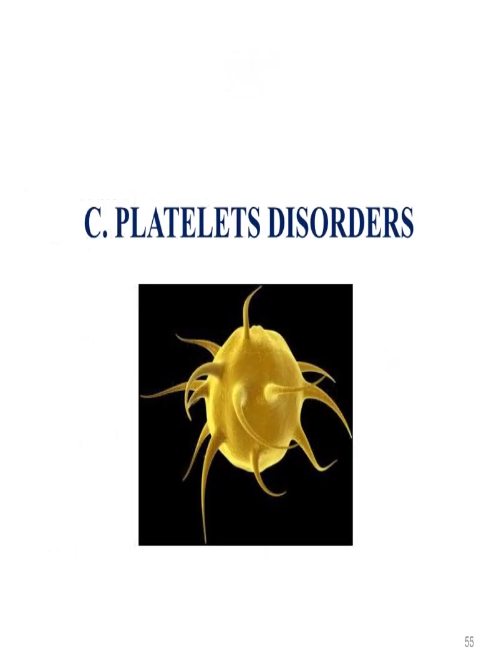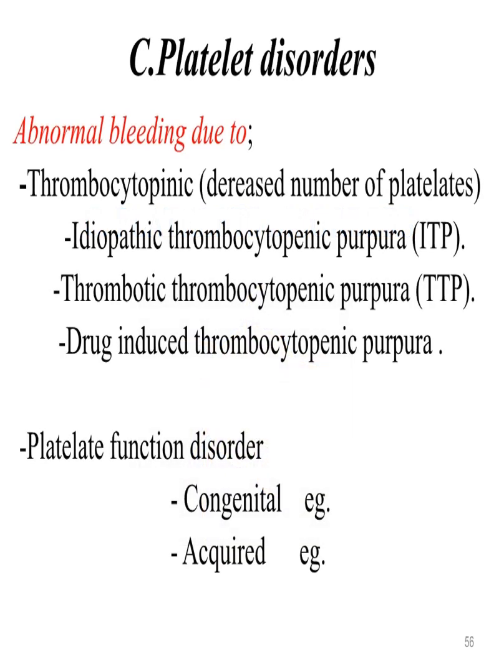Coming to platelet disorders. The platelet disorders present with abnormal bleeding due to thrombocytopenia, which is decreased number of platelets. We talked earlier that the normal platelet count is 1,50,000 to 4,50,000. So by definition, any platelet count less than 1,50,000 is thrombocytopenia.